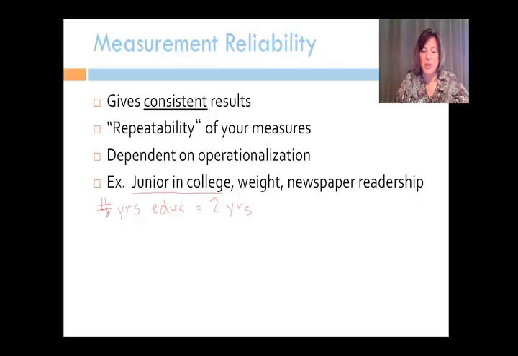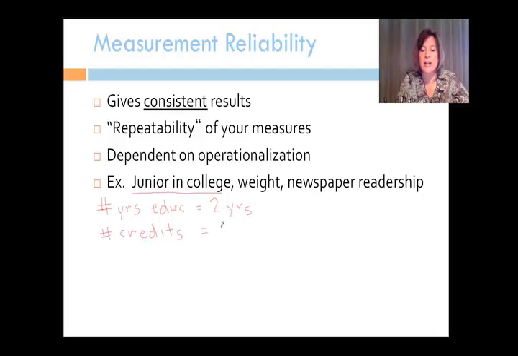Another way, though, you could measure this is number of credit hours. And so if you went around the room and asked different people who is a junior in college, you could come up with multiple answers, which would mean that just to say, my measure is you're a junior in college, is not a reliable measure, because it wouldn't get measured consistently. 2 years versus number of credits.